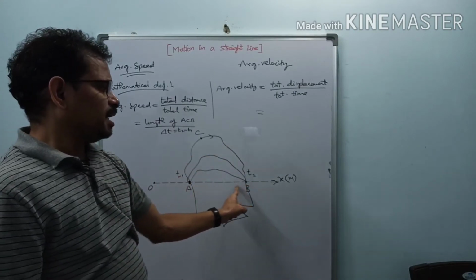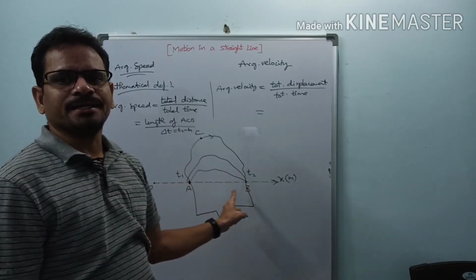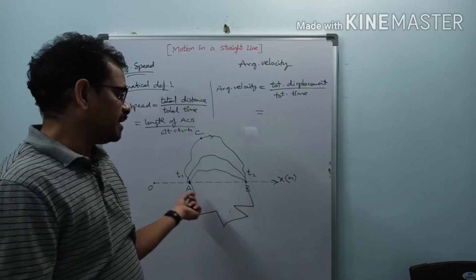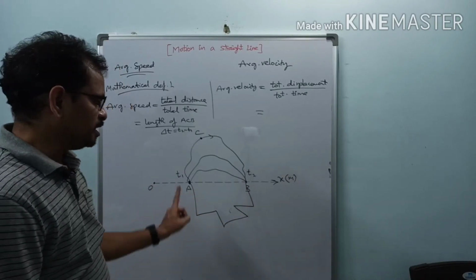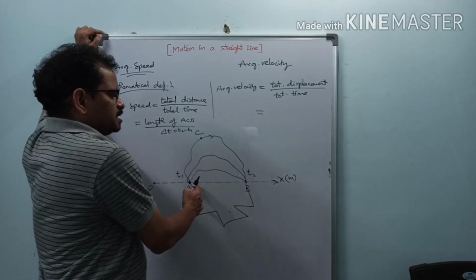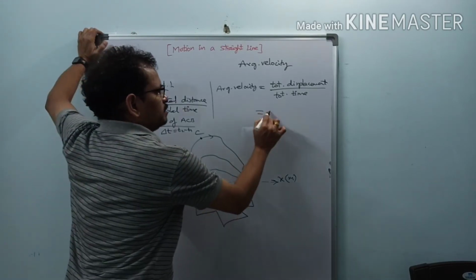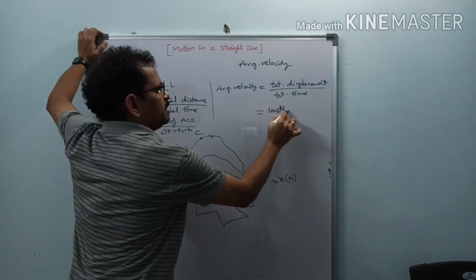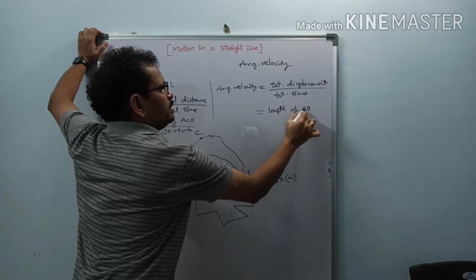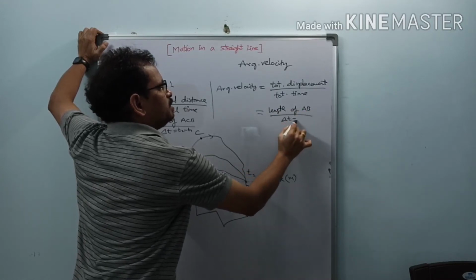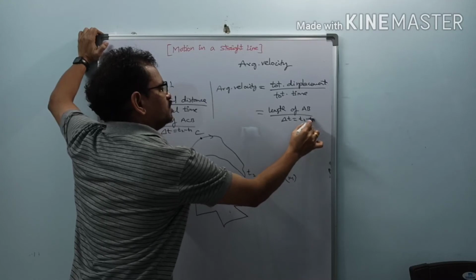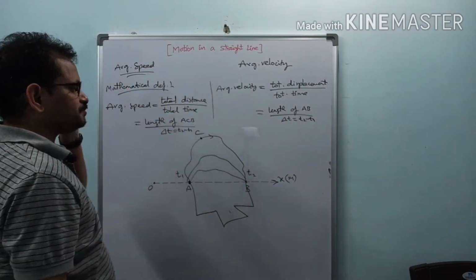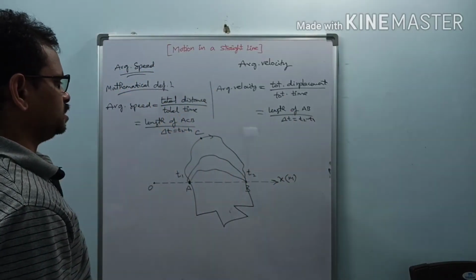Ultimately this is the displacement line. By definition, this is the shortest distance between initial and final points. So displacement is nothing but the length of the straight line AB. So what is total displacement here? Length of the straight line AB by total time, delta t equal to t2 minus t1. This is displacement. Okay, that's right.